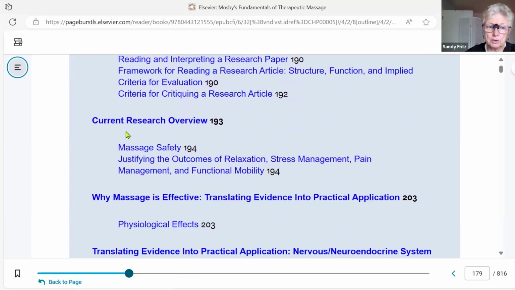Once we get into the current research overview, though, the information, the concepts, maybe not the exact words, but the concepts, a little less vocabulary, more concept understanding comes into play here.